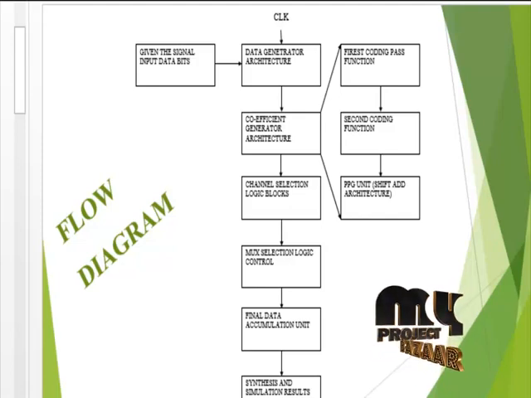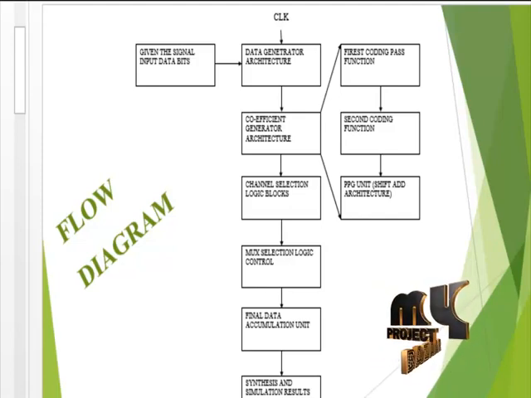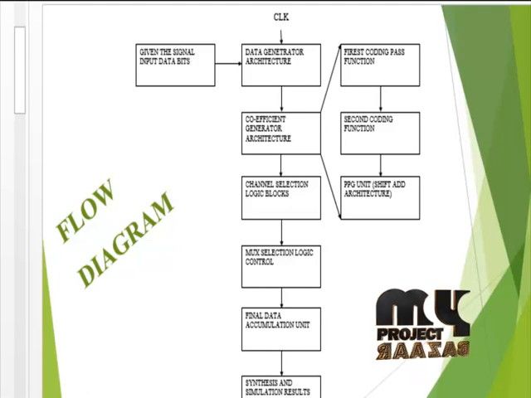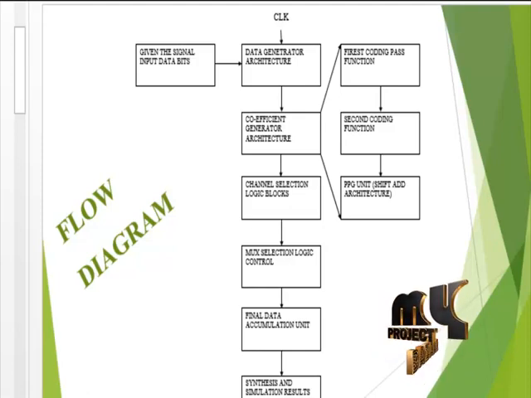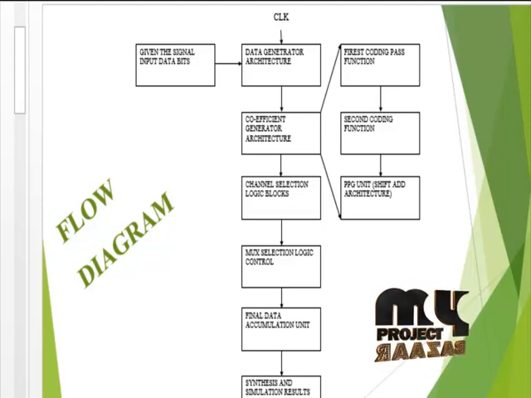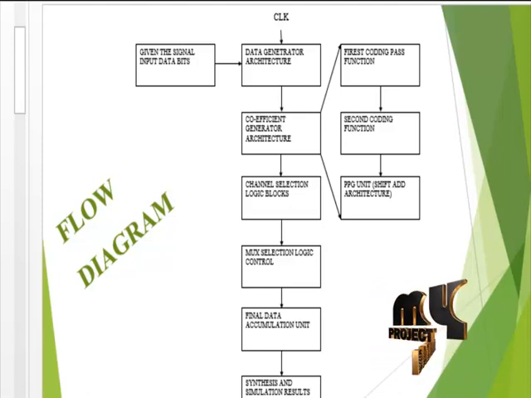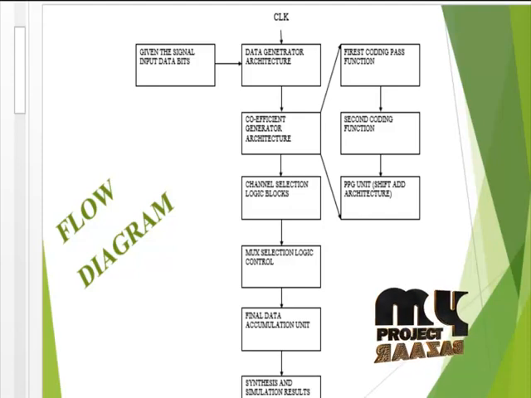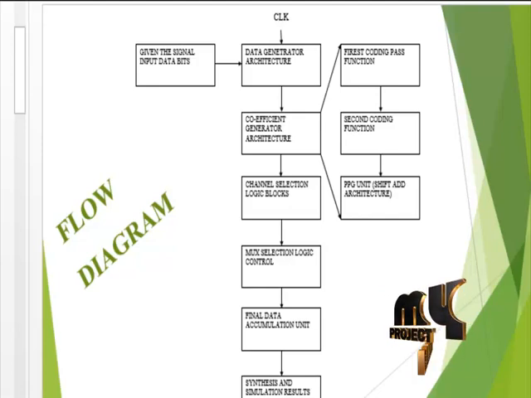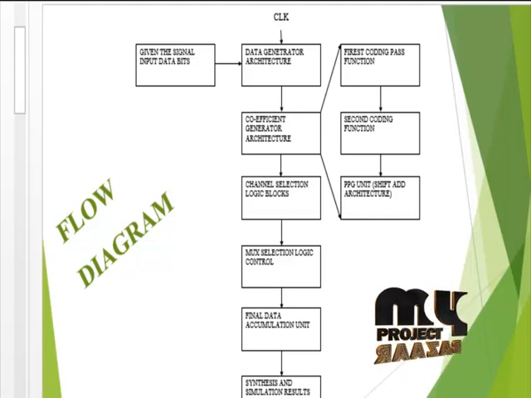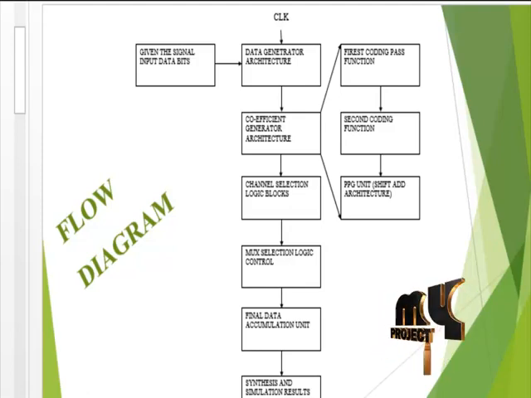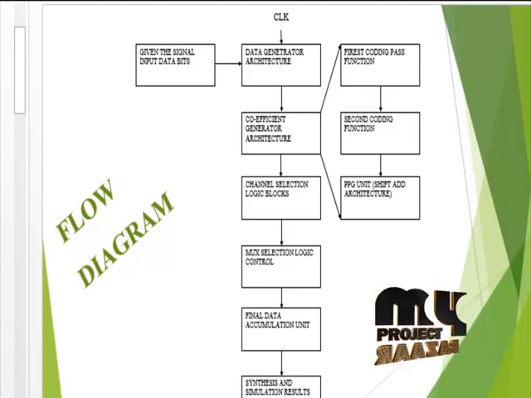The coefficient generator architecture processes the phase optimization control. Then we implement the first coding functions and second coding functions, and then the PBG unit shift architecture process, and then shift adder architectures. In the process, the PBG circuits are used to modify the fixed point LMS adaptive algorithm to reduce the multiplier area using the shift adder tree method.